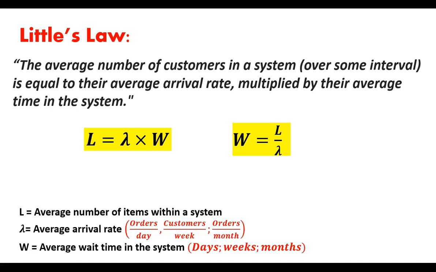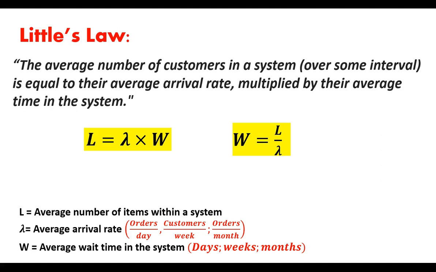Lambda would be the average arrival rate: orders per day, customers per week, orders per month. So you're looking at a rate, something per unit time, and then W is the average wait time in the system. If you've got customers leaving in terms of minutes or days, or something sitting in a queue for weeks or a month, that's applied by Little's law.